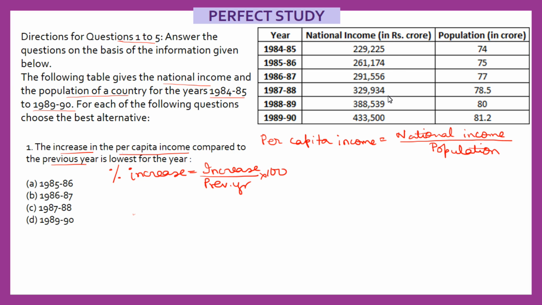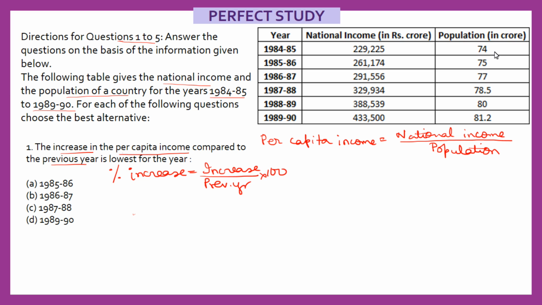Now if you notice here, even if we divide these values to get the per capita income, it will not make any difference compared to if we simply calculate the percentage increase based on national income, and I will tell you why.